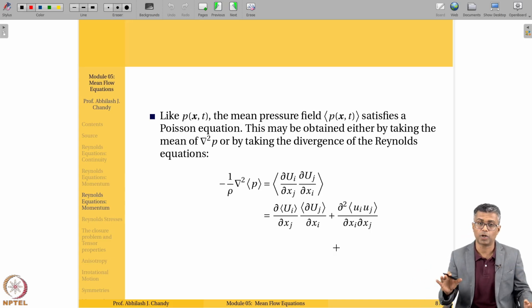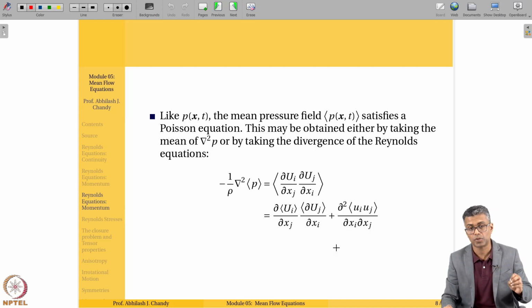Just like earlier, we got the Poisson's equation by taking a divergence of the Navier-Stokes equation. Here also, we will get the mean form of the Poisson's equation by taking a divergence of the Reynolds equation.